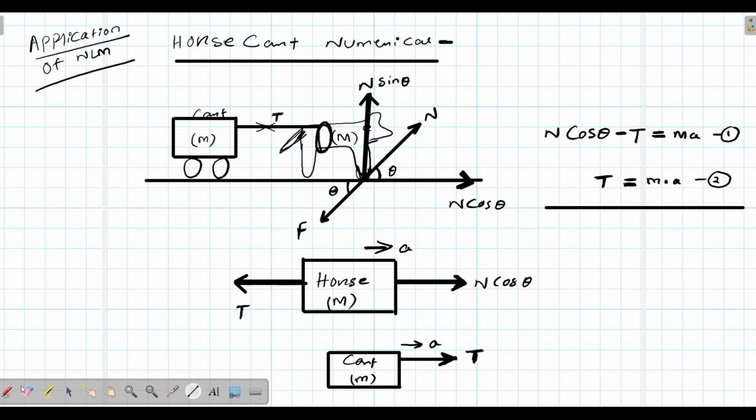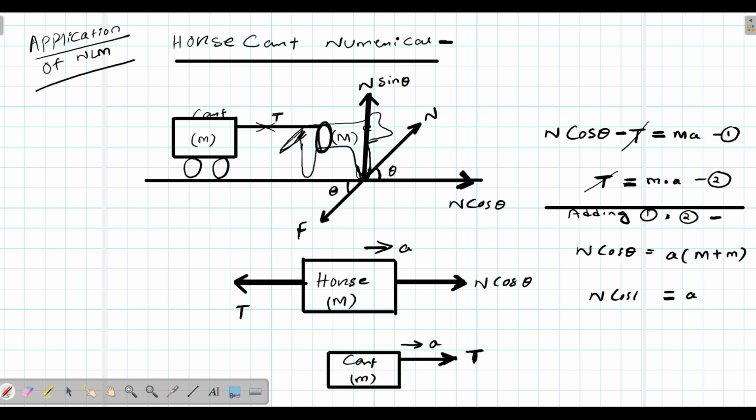Adding 1 and 2, T gets cancelled. So N cos theta equals A into capital M plus small m. So acceleration equals how much?